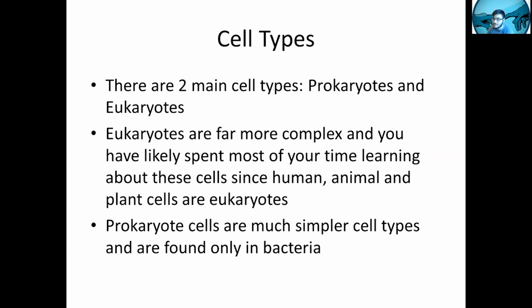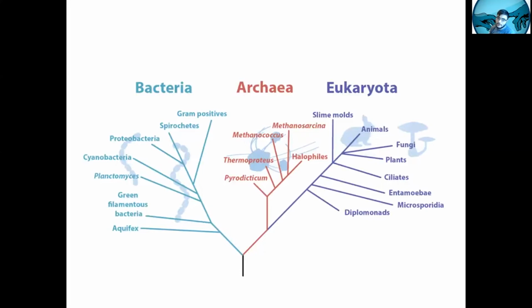They're not prokaryotes. Prokaryote cells are much simpler, and they're found essentially only in bacteria, and we'll talk about archaea as well. Unless you've taken a microbiology course or something like that, many of you haven't really learned too much about bacteria, and you've mostly been focusing your biology studies on animals, plants, maybe.